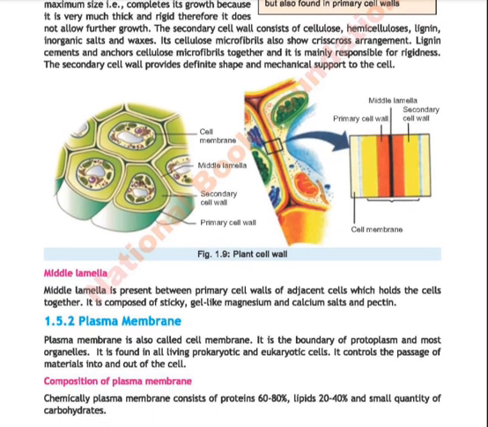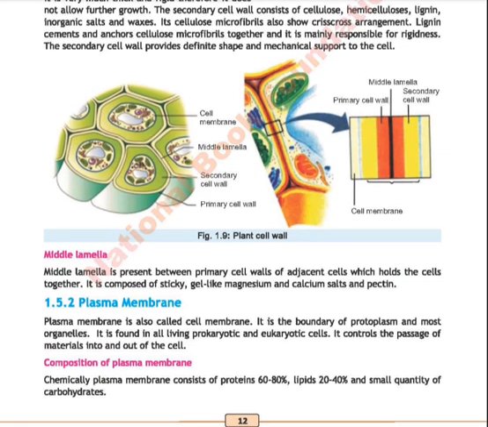The secondary cell wall consists of cellulose, hemicellulose, lignin, inorganic salt, and wax. Its cellulose microfibrils also show crisscross arrangement.